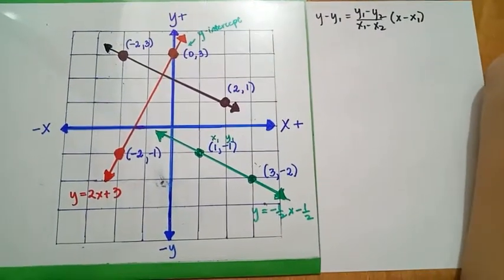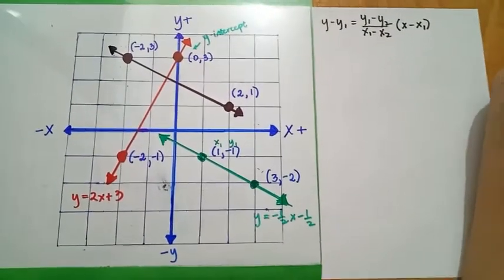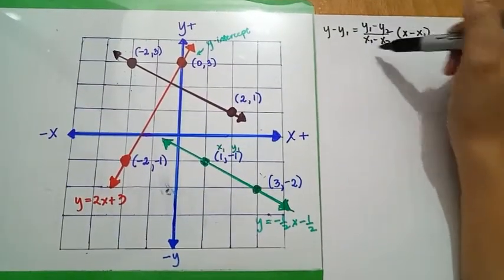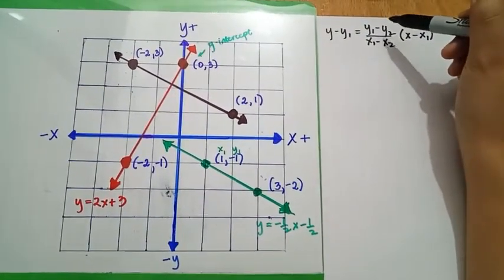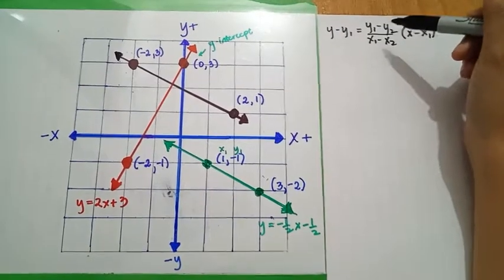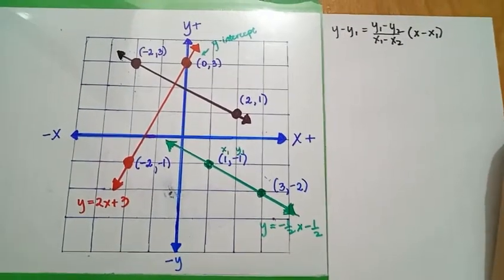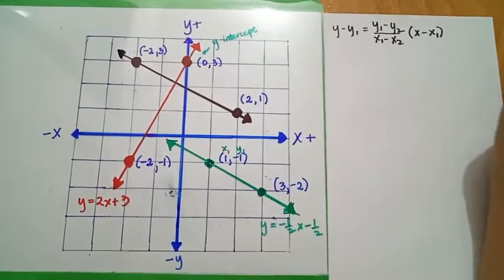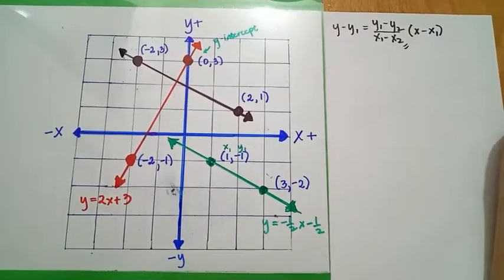Okay? So, you may also use the point slope form because itong formula na ito for the slope can also be yung ating rise over run na tinatawag. Okay? So, kung nag-aalangan kayo sa rise over run ninyo, pwedeng ito yung inyong gawin.